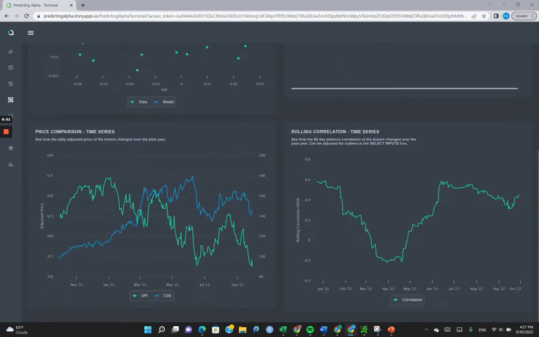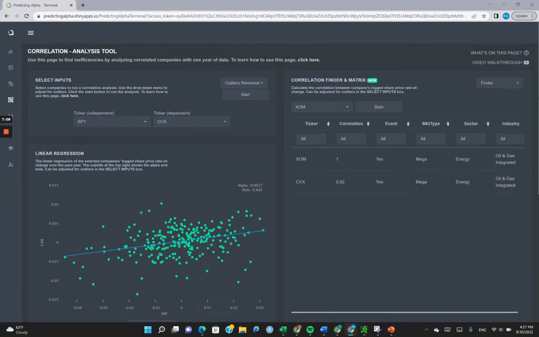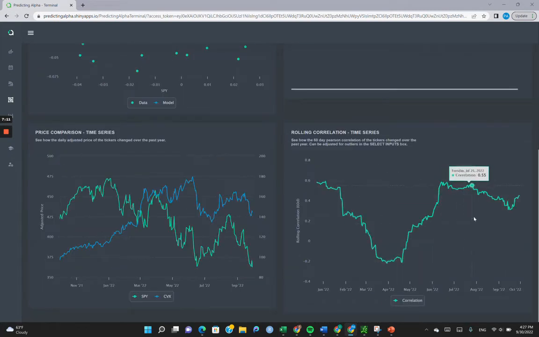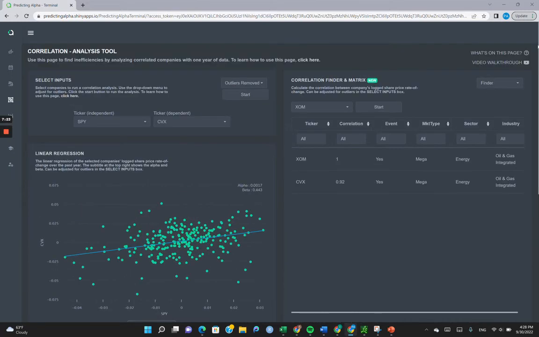So it's not ridiculous, but I will say that a large part of why we're seeing a lower beta recently is because of the massive run up that we saw in commodities while infotech and consumer discretionary were getting slaughtered. Now we're seeing more correlation pick up recently, and you can see that here with the rolling correlation time series. This was coming down as commodity prices skyrocketed, basically flipped negative, and now it's back to positive correlation, around 0.45 as of right now.